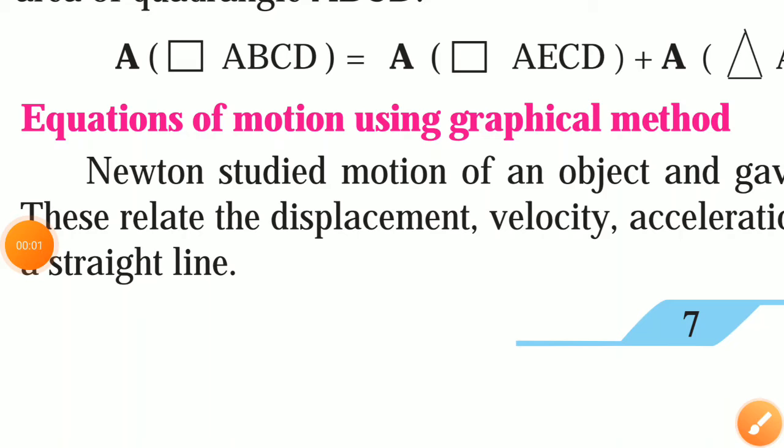Students, in this session we are going to discuss the next point, the equations of motion. Newton studied the three equations of motion by relating displacement, velocity, acceleration and time for an object moving in a straight line.